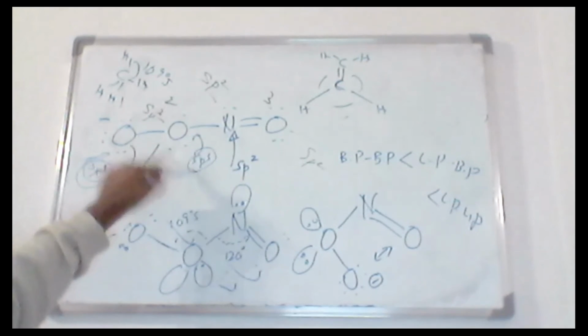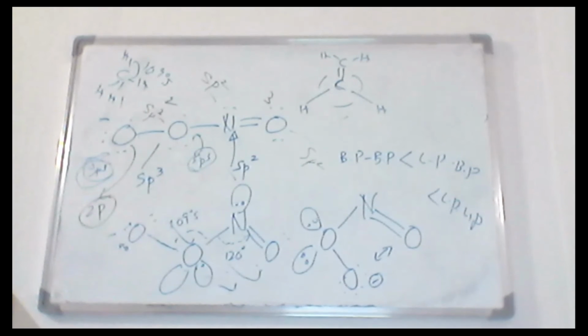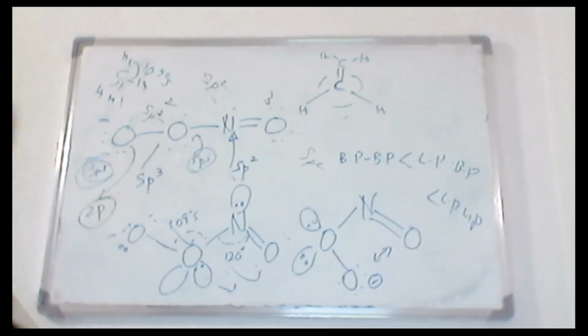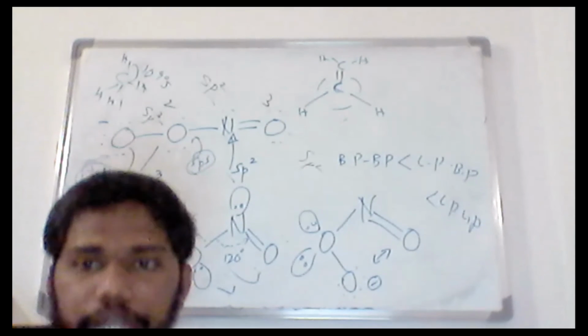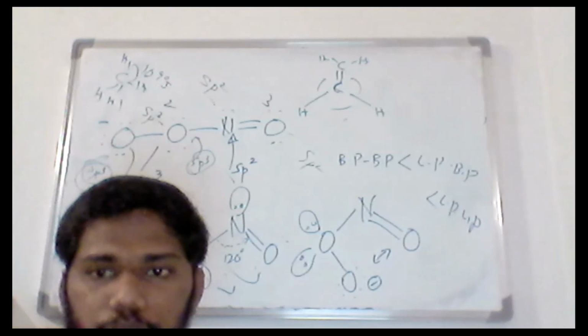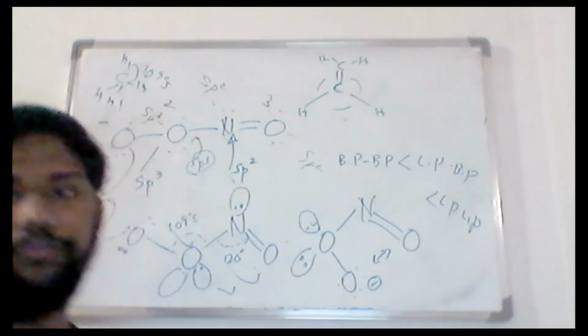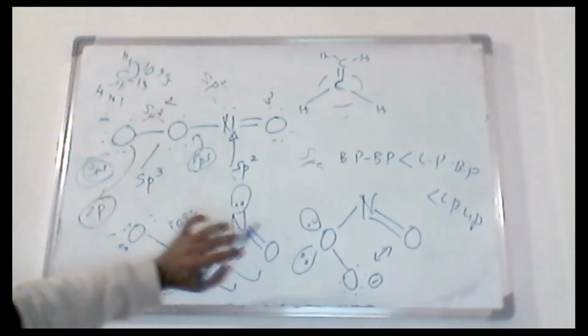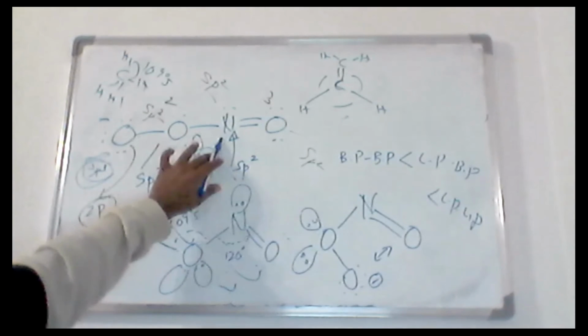So it is clearly sp2 and sp3. Is it? Okay. Where is O2? O2 and nitrogen. Yeah, O2 and nitrogen. So where is O2 here? This one. And nitrogen is here in this one.